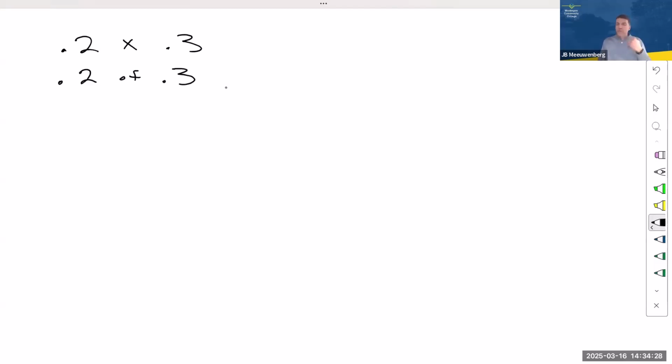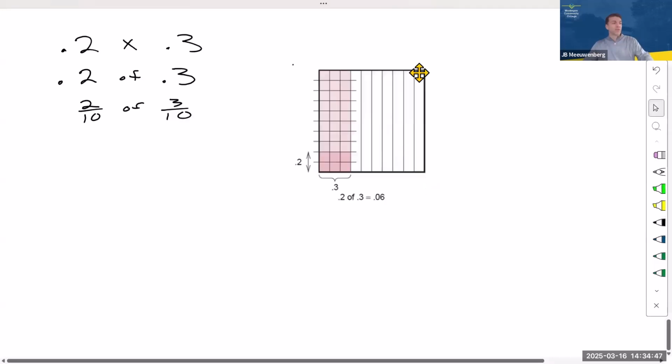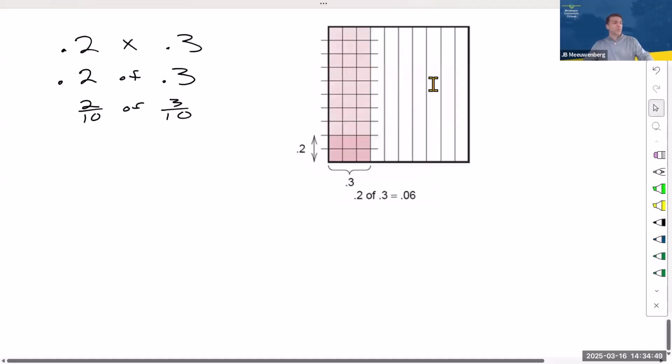We used this when we were working with fractions multiplication. We thought about it as 2/10 of 3/10. Sometimes that word "of" helps us recognize what to do or how we might model it specifically. And so here is what a model of this might look like.